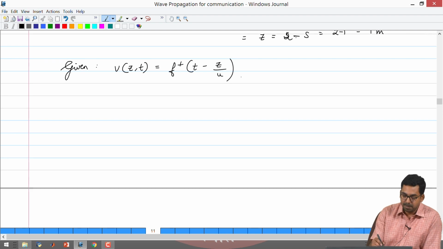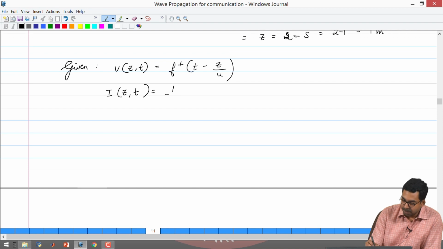This can be found out by the equation that we have, which is coupling the current to the voltage. So, you have dou v by dou z is equal to minus L dou I by dou t. So, you can always use that equation and arrive at the current, and the current looks like 1 by L u times f plus of t minus z by u.